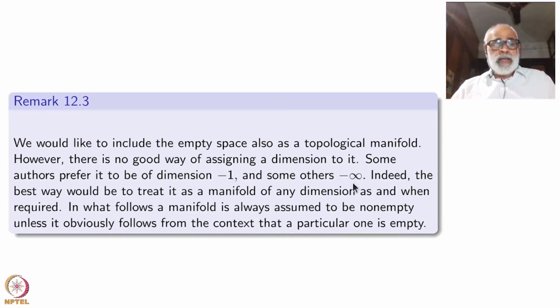Indeed, there are theories, in the topology of manifolds itself, where it is better to treat the empty set as having any dimension whatsoever you want. It is like the zero polynomial. Usually people don't define the degree, but it is better to keep the zero polynomial having any degree it wants, depending upon the context.